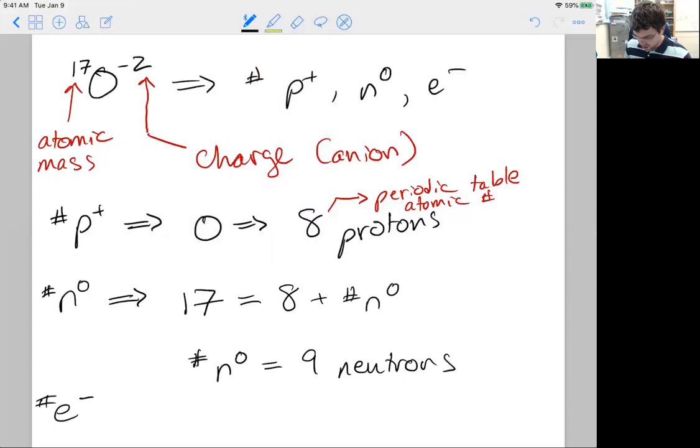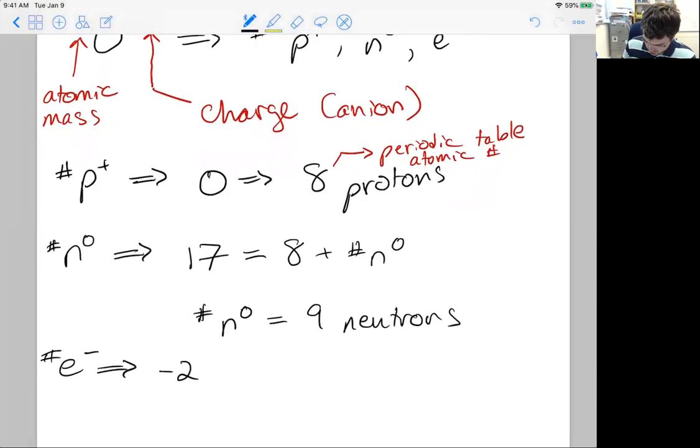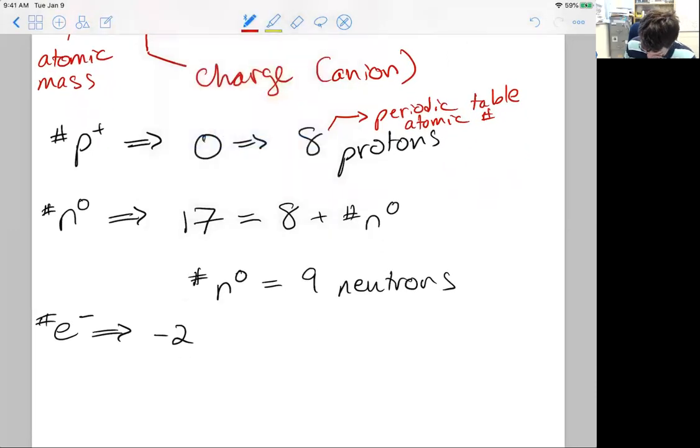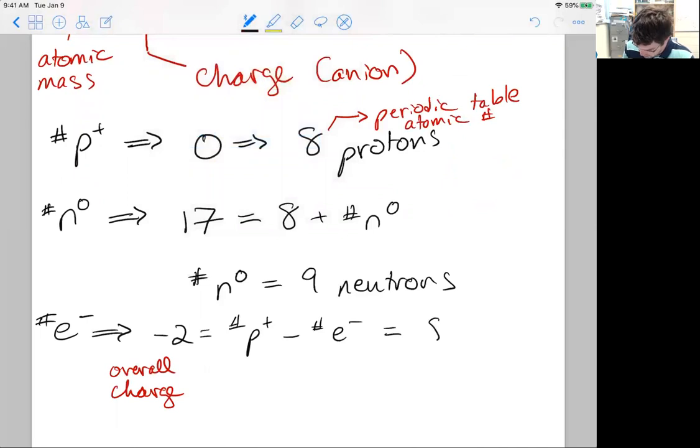Okay, the number of electrons, so we are two-thirds of the way done. What we do is we set the overall charge, which is -2 in this case, equal to the number of protons minus the number of electrons, which is 8 minus the number of electrons.